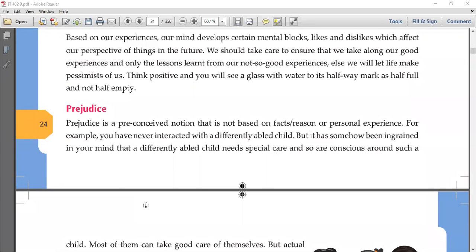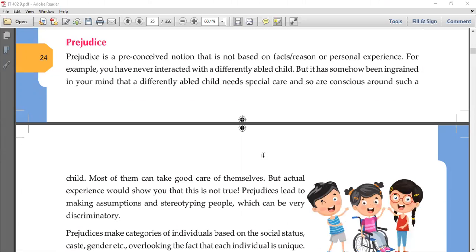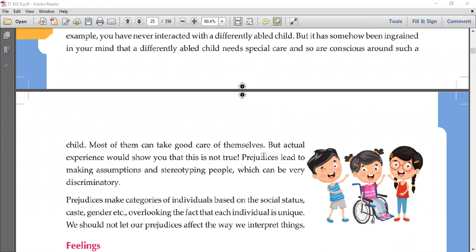You have never spoken to a differently abled child, but you have built a perception in your mind, thinking that such children need special needs even to talk or communicate. So these are all prejudices. So your mindset or thinking about something creates a perception for you, right? Although it may not happen, the differently abled child can also communicate in a better way, right?